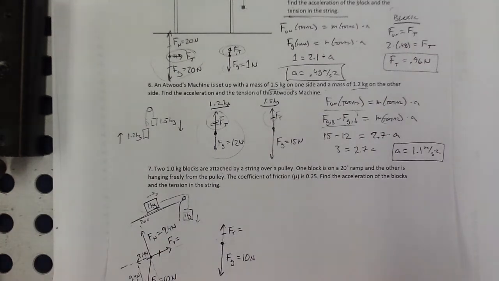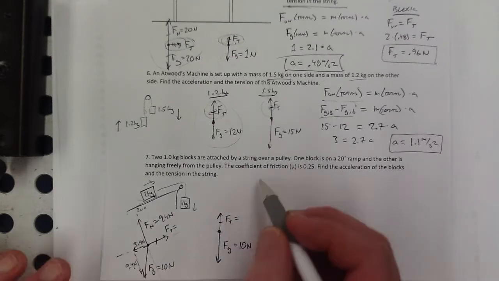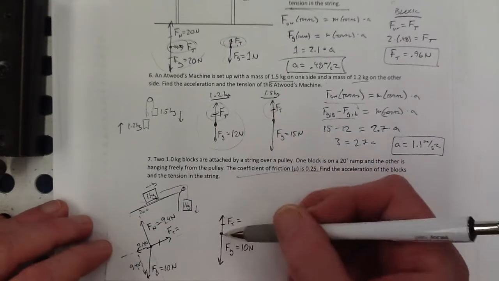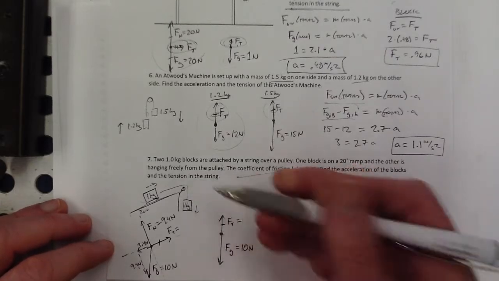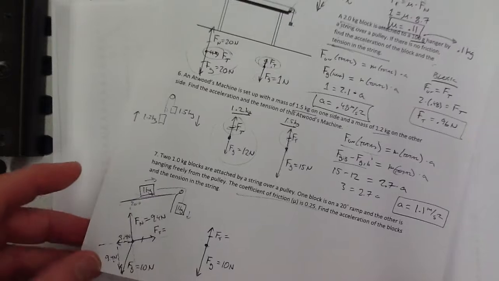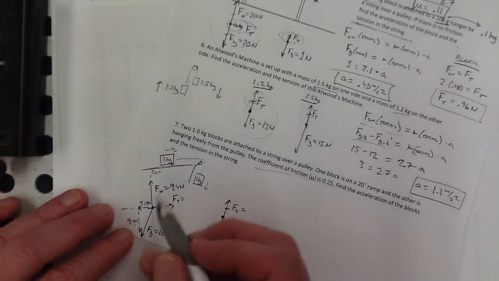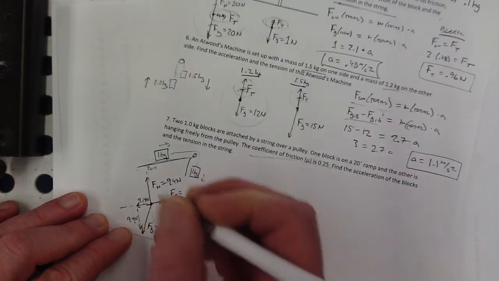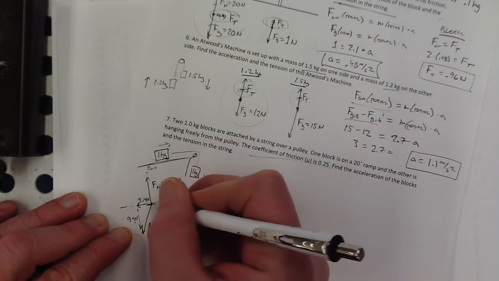Now, there's also friction here, right? There's a coefficient of friction. So where's the friction and what direction is it pointing? Well, it's not on this block, because this is just hanging. It's on this one, and friction always opposes the direction of motion. So friction is actually another force here.